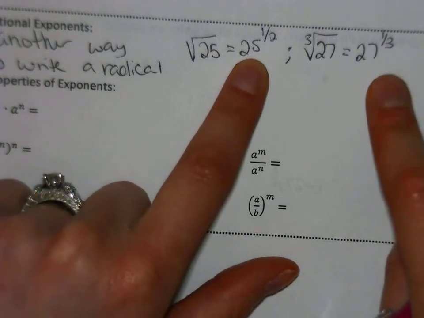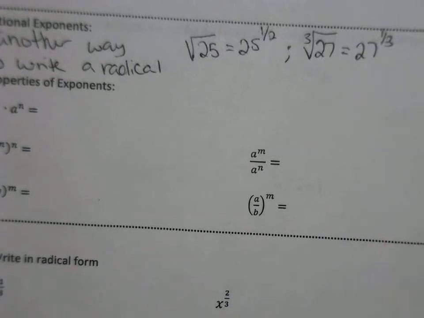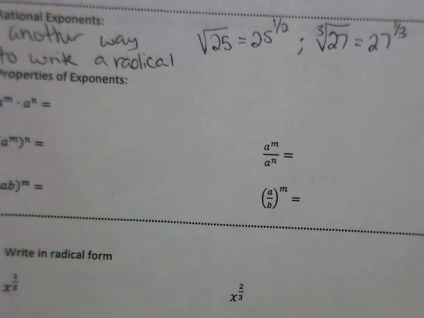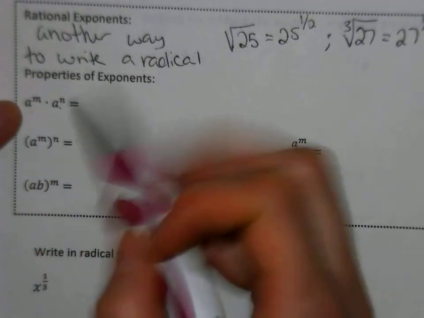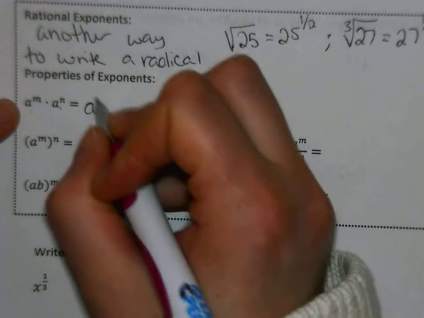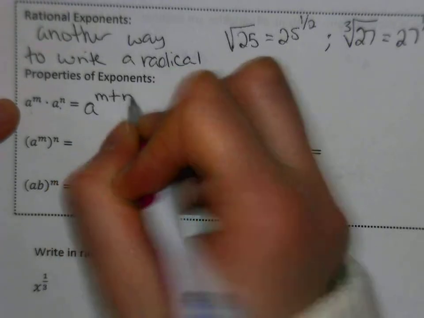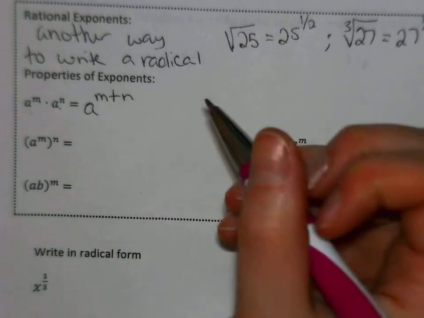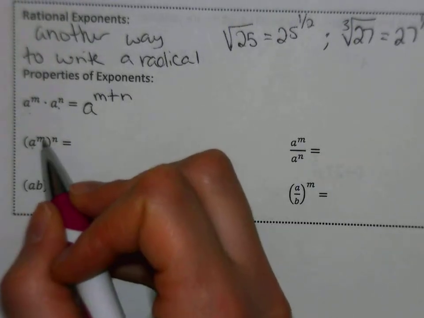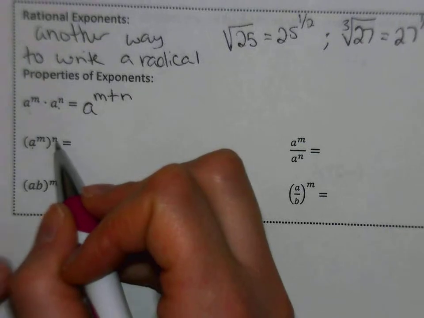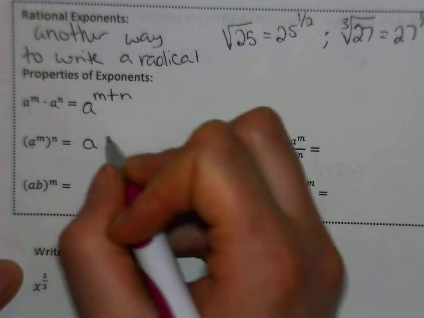Before we get started, let's look at some properties of exponents. If we do a to the m power times a to the n, so both of our bases are the same, that's the same as a to the m plus n, where you add those two together. Here, if we have a to the m power to the n power, that's the same as a to the m times n.